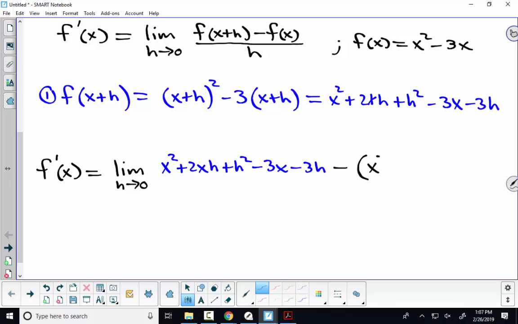So just be mindful you're subtracting off the entire function. So we'll just minus the quantity x squared minus 3x. And then all of this is over h.